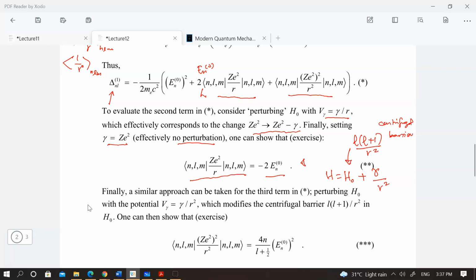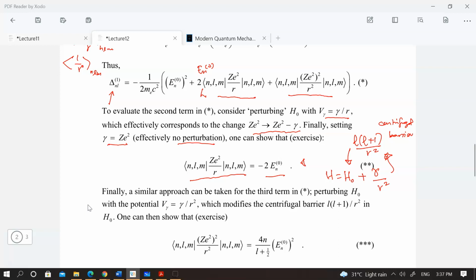What it does is essentially to prevent the electron from moving too near to the nucleus, because this will get large. So that's essentially the centrifugal barrier. In other words, this gamma on R squared perturbs this centrifugal barrier.